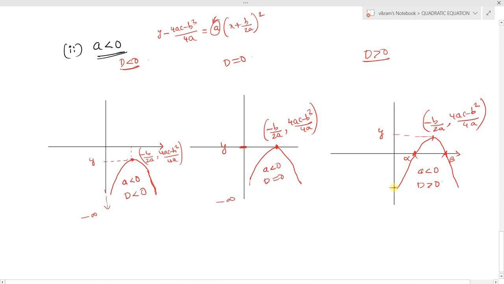Now this is the y value, and it starts from minus infinity and reaches the maximum value.